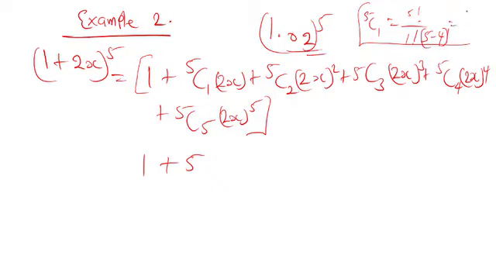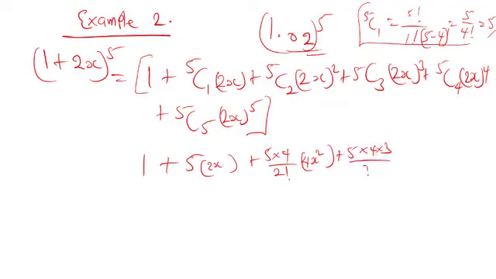So this is the same thing as 5 over 4 factorial, which is equal to 5. So we are applying this here, which is 5. Then we bring down the value of our 2x at this point, plus 5 times 4 over 2 factorial. Then we now have 4x squared here, plus 5 times 4 times 3 over 3 factorial. We now have our 8x cubed.